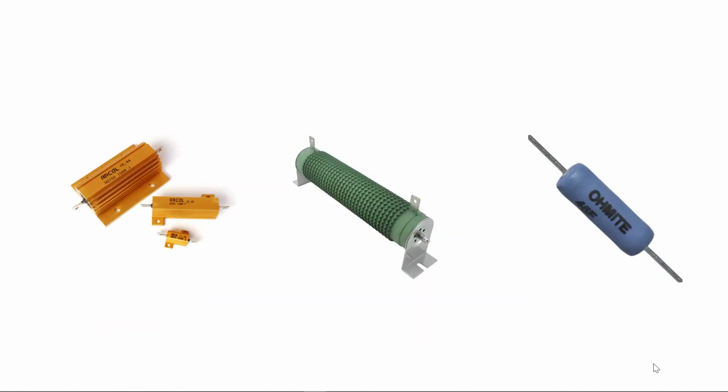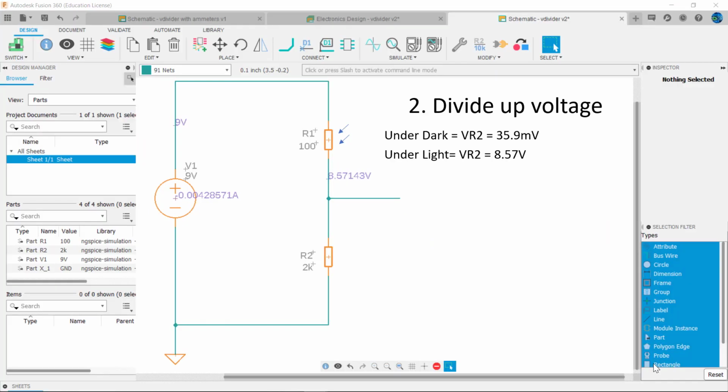If you need more than a few watts of power handling capability, then you will likely use a wire-wound or metal foil resistor. Remember, make sure the resistor you select for your circuit can handle the power it will be dissipating. You may recall from video 5, Practical Applications and Considerations Using Resistors, that the voltage divider is a common circuit in electronics.